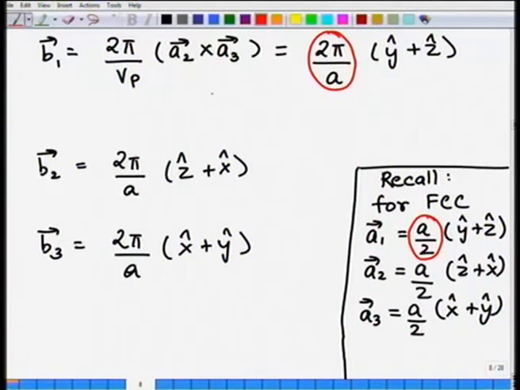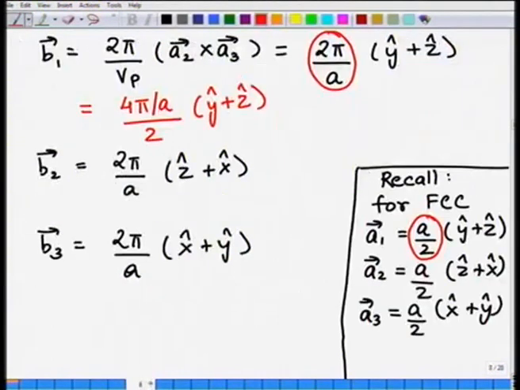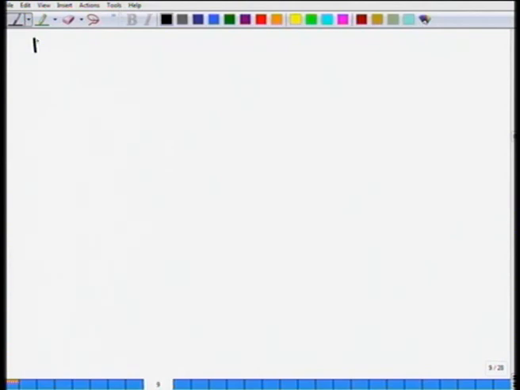So, if I write this quantity as 4 pi by a divided by 2 (y plus z), then clearly, for body centered cubic vectors A1, A2, A3, when we look at the reciprocal vectors, they have the form of face centered cubic. That means, in reciprocal space, the reciprocal lattice of a BCC is FCC.